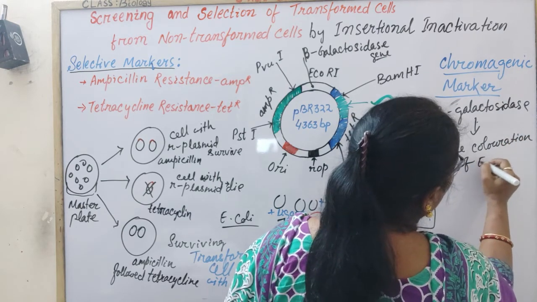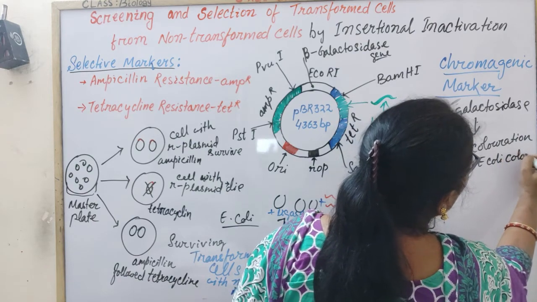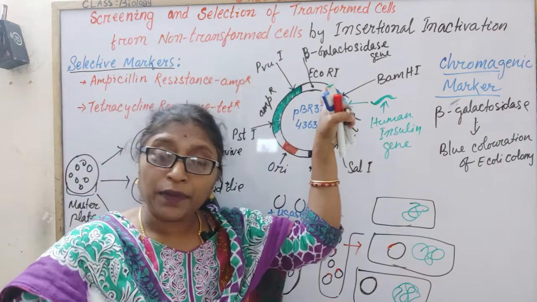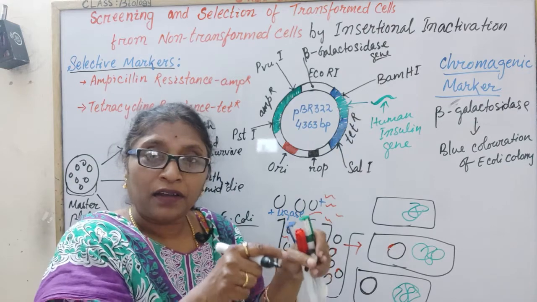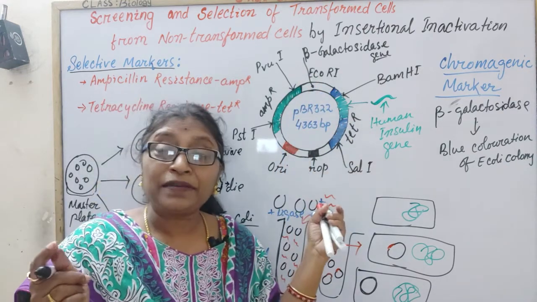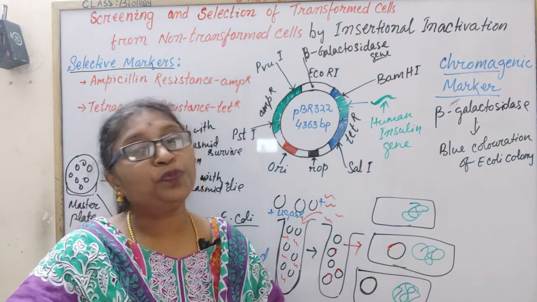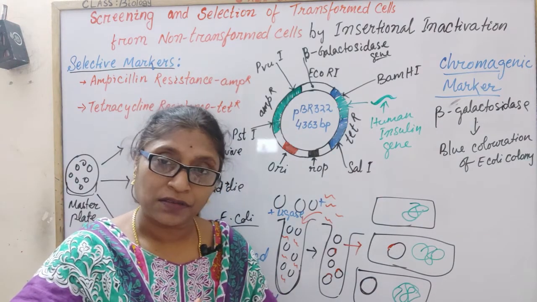If the desired gene, the foreign gene, is inserted into this region, then the beta galactosidase gene becomes inactivated. So blue coloration will not be produced by the recombinant ones.